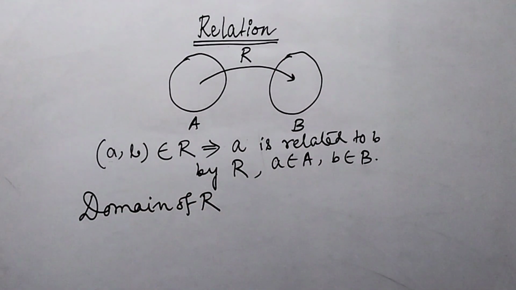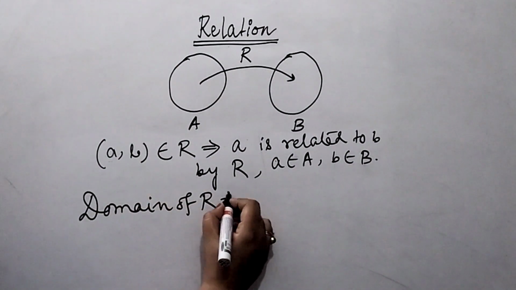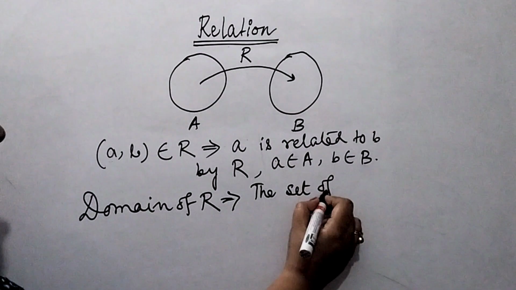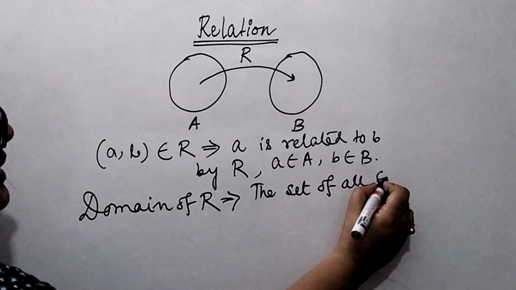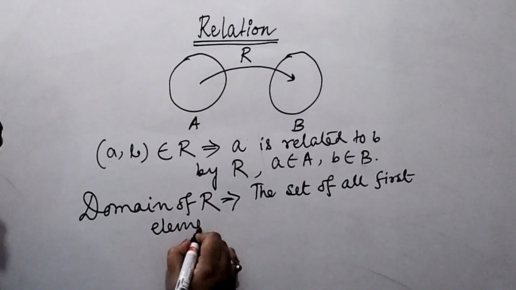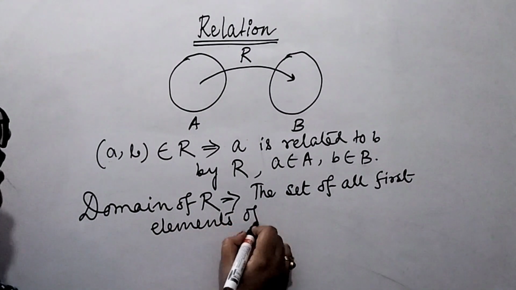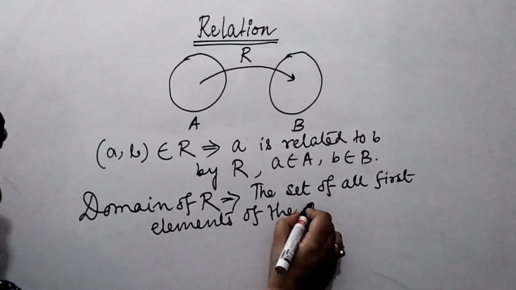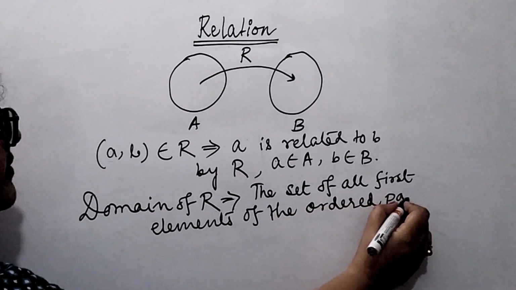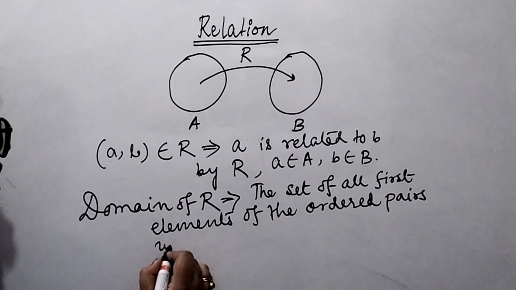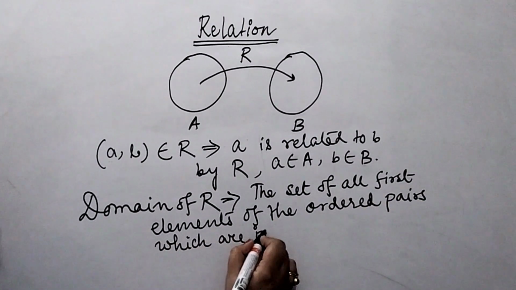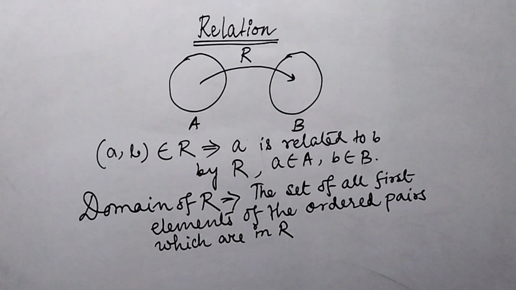So what is the domain of R, students? This means the set of all first elements of the ordered pairs which are in R. That is, which are in the relation.